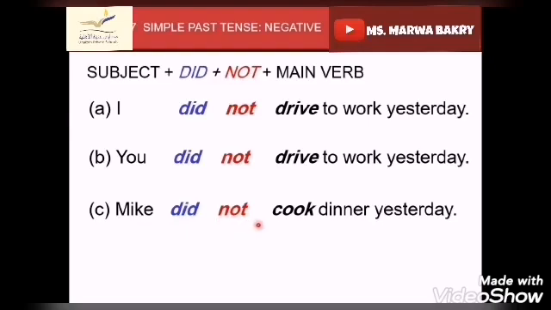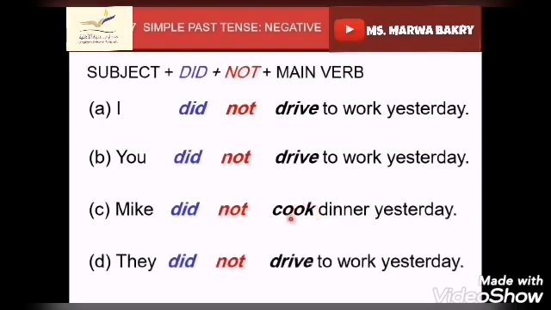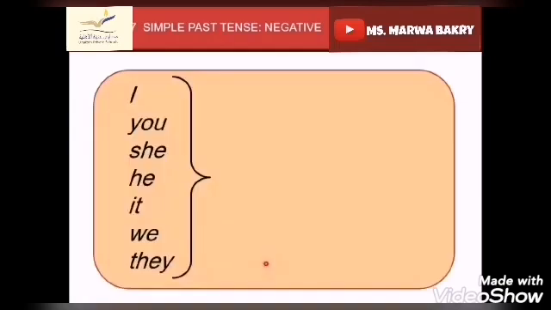Mike did not cook dinner yesterday. Here we use the subject and did not, and we use the verb cook in the infinitive form. They did not drive to work yesterday. Also here with the subject they, we use did not, and we use the verb drive in the infinitive form.